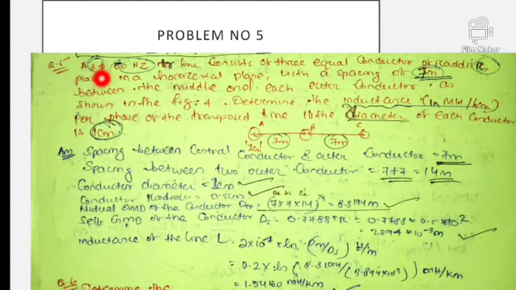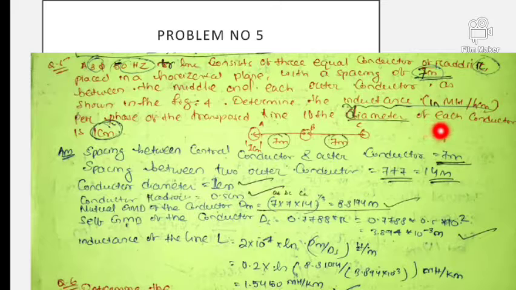Now come to question number 5. In a 3-phase 50 Hz transmission line consisting of 3 equal conductors of radius R1 placed in a horizontal plane with a spacing of 7 meter distance from center to center, from A, B, C, here 7 meter distance from A to B, B to C, it is asking to determine the inductance, that is millihenry per kilometer per phase of the transposed line.